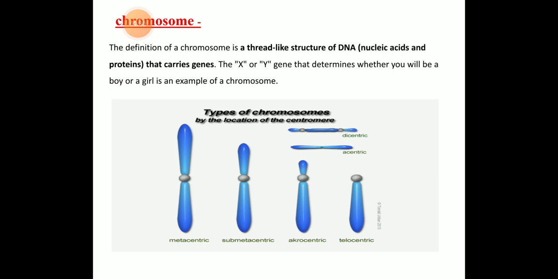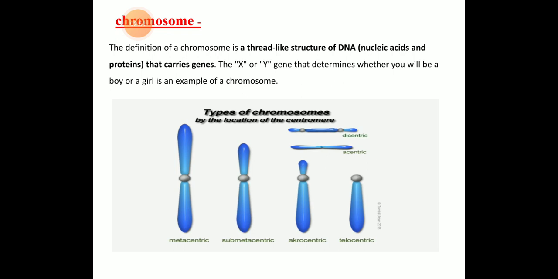In acrocentric type, the centromere is severely offset from center, leading to a much shorter P arm, and chromosomes number 13, 21, 22 are examples of this acrocentric type.